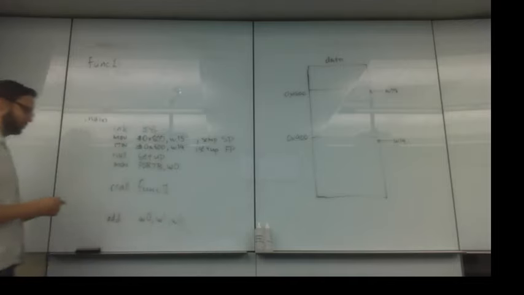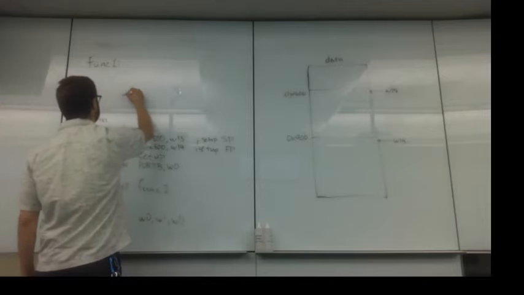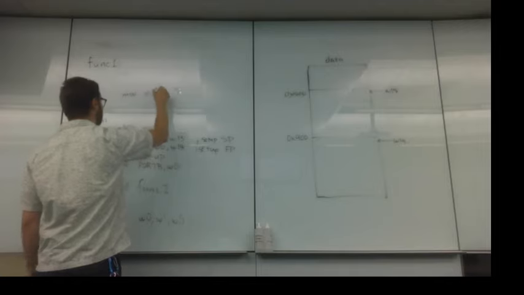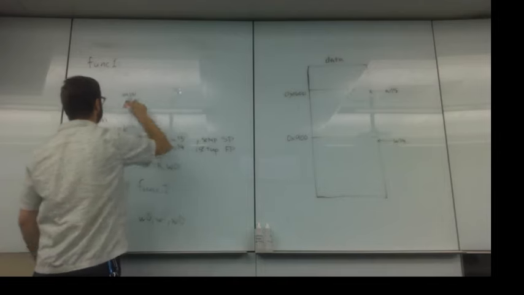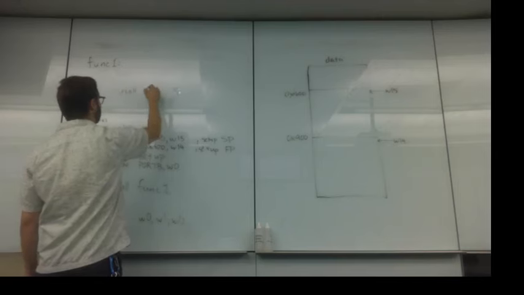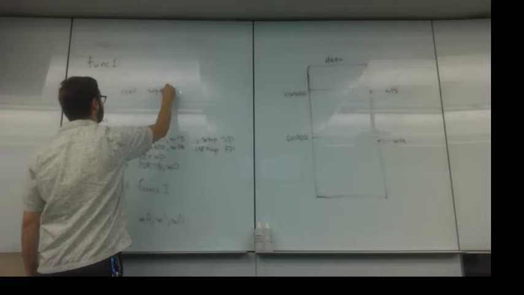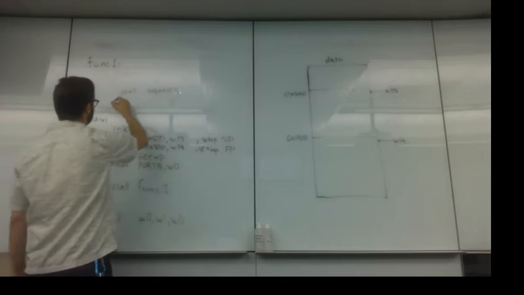Okay, so function 1 will return its value in W1. So move number 5 into, let's do this, let's do our call square, and that will square the value in W1.